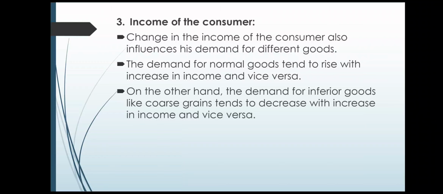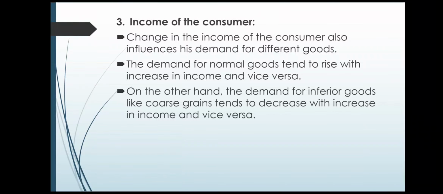But inferior goods are those inferior quality products that a person is forced to use due to lack of money. So in the case of inferior goods, there is a different kind of trend seen in demand.